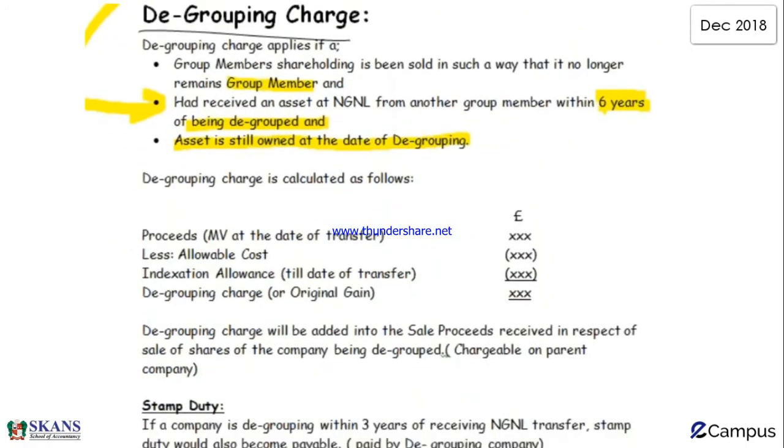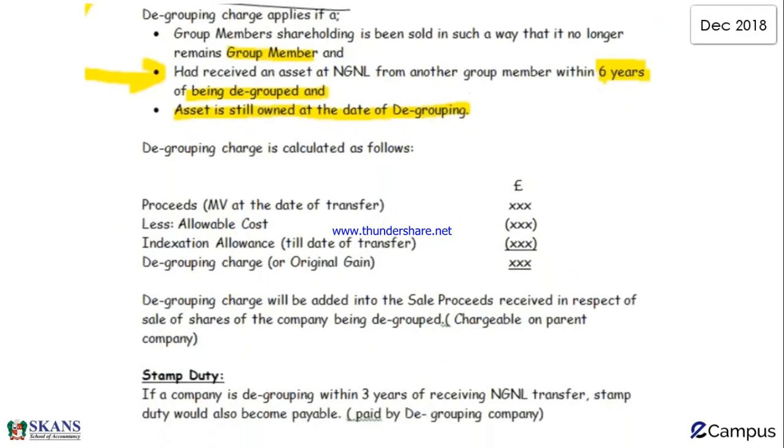Now, what is a degrouping charge? We have to calculate the gain by using market value. Rather than it being a no gain, no loss transfer when it was received, we have to calculate what would have been the original gain chargeable on D Limited on disposal of this building if this was not a no gain, no loss transfer.